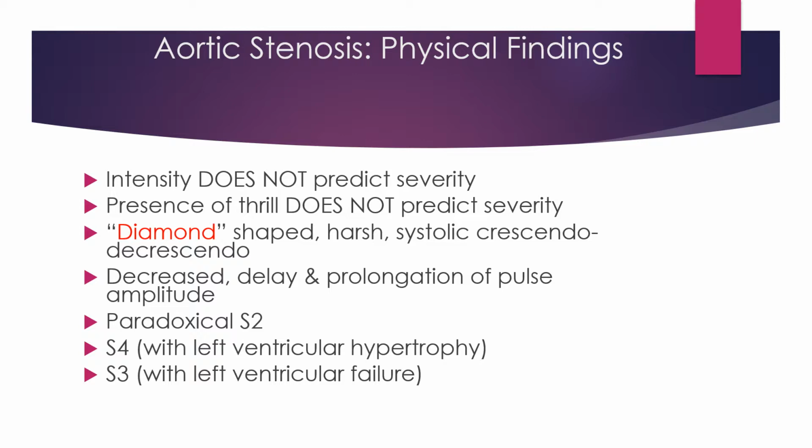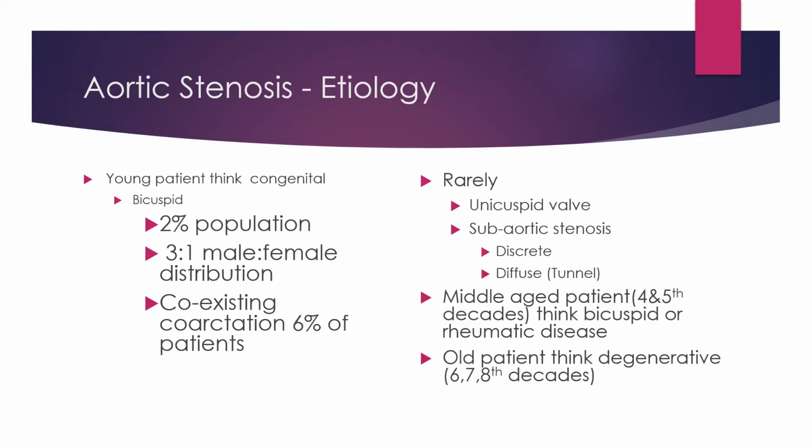The presence of a thrill does not predict severity. Findings include the diamond-shaped harsh systolic crescendo-descendo murmur, delayed and diminished pulse amplitude, paradoxical S2, S3 and S4 with left ventricular hypertrophy, and S3 with left ventricular failure.